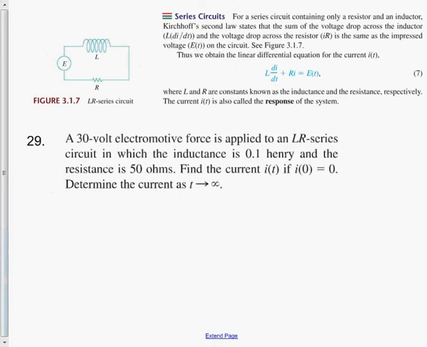For a series circuit containing only a resistor and an inductor, and we got the image there of what that very simple RL or LR series looks like, it's governed by Kirchhoff's second law, which says that the sum of the voltage drops must be equal to the voltage drop on each of the components in the series.